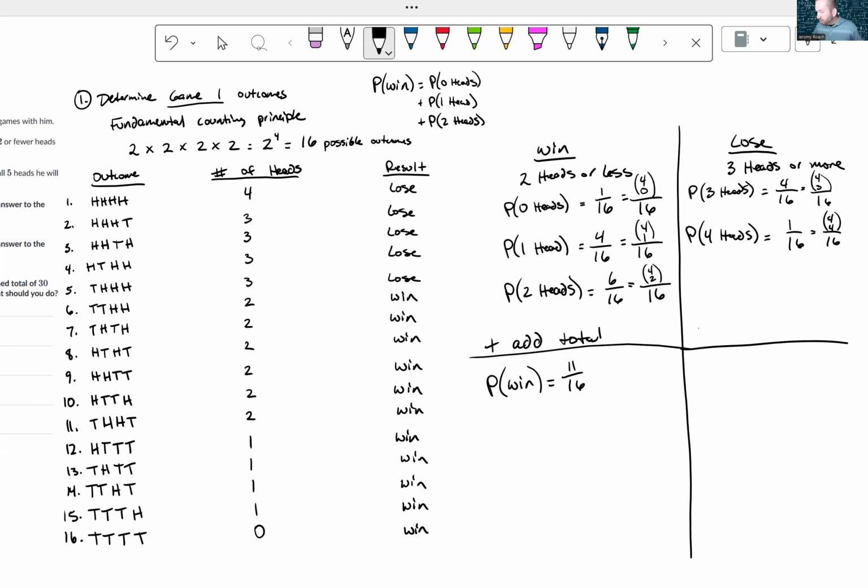Same thing over here. We add the total probability that we lose game number 1, given those constraints we mentioned a few times already, is 4/16 plus 1/16, which is 5/16.